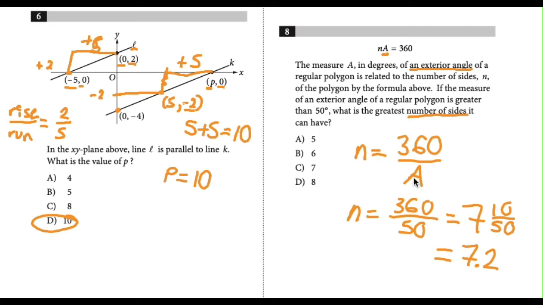We know that as A gets bigger, the value of n is going to get smaller. So if we're plugging in values bigger than 50, then n needs to be smaller than this number, or 7.2. And the biggest number that's smaller than 7.2 is going to be answer choice C, or 7.